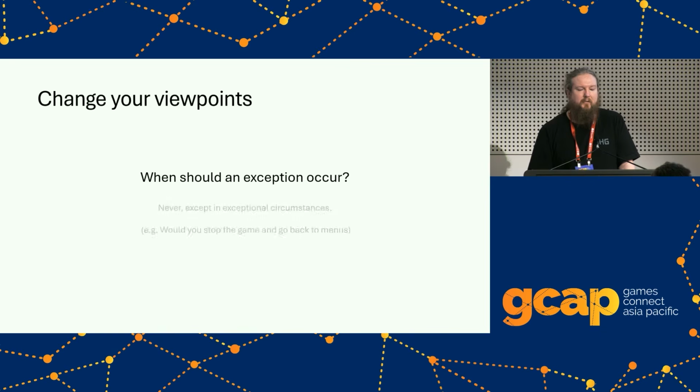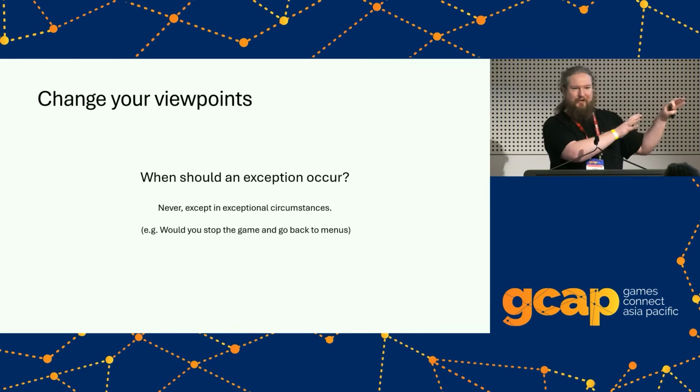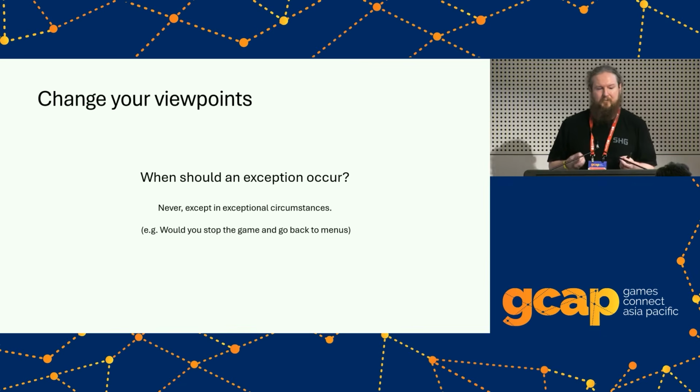So I guess that comes down to when should an exception occur? And my viewpoint is they should never occur except in exceptional circumstances. So this is really, for a game, are we exiting right back out to the menu? That menu loading cost is going to be much more significant than just throwing that exception up and letting it bubble up to wherever it needs to be. So this is the viewpoint that I take on when exceptions could potentially be used.